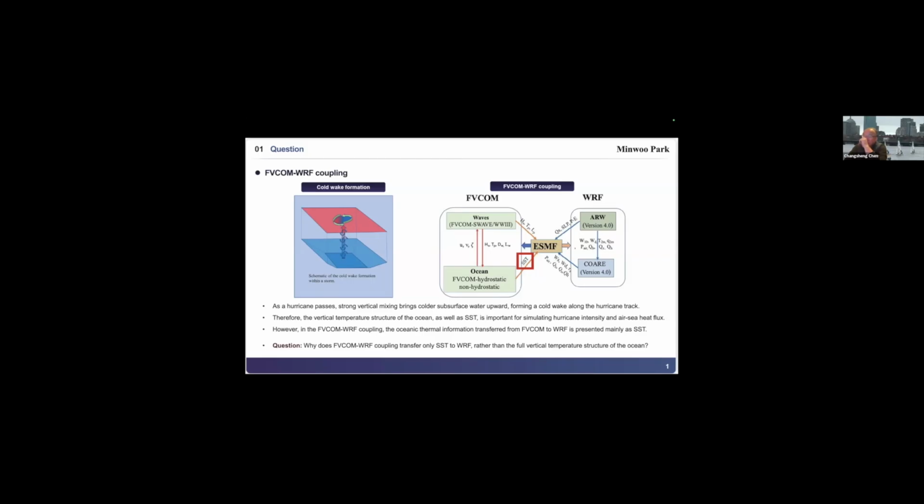Most important in recent studies is skin temperature. Skin temperature means your model predicts SST data, but that temperature is not really the surface. The surface temperature your model predicts is like the center of the first layer.